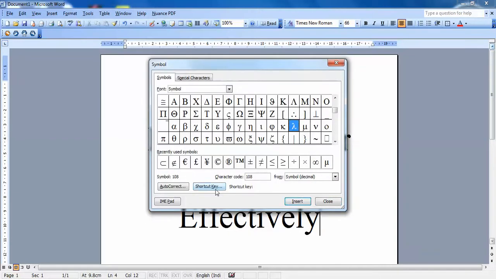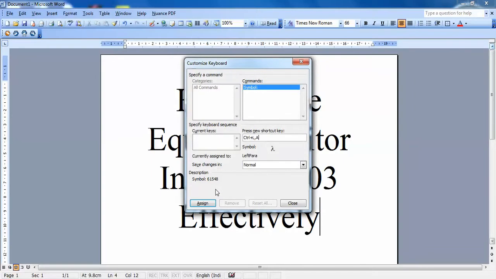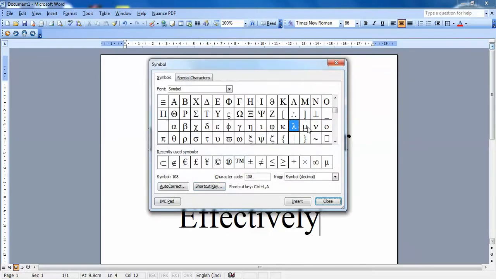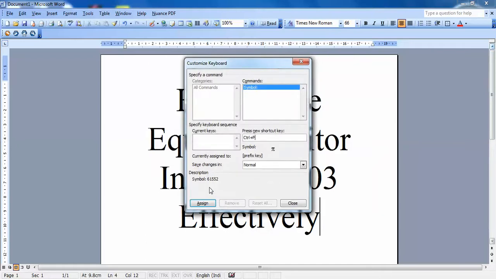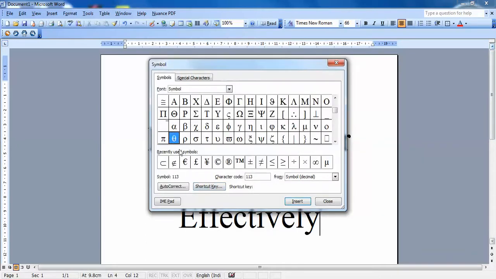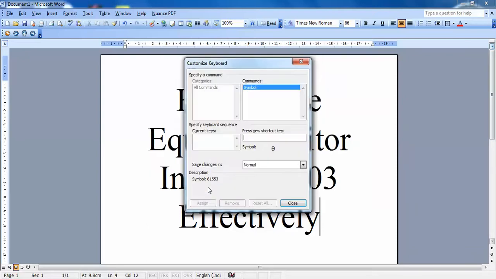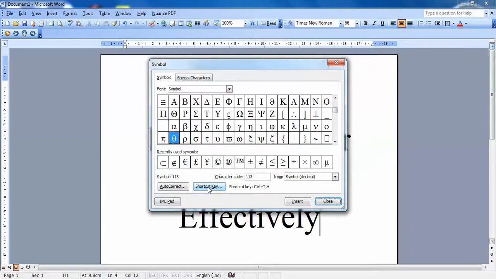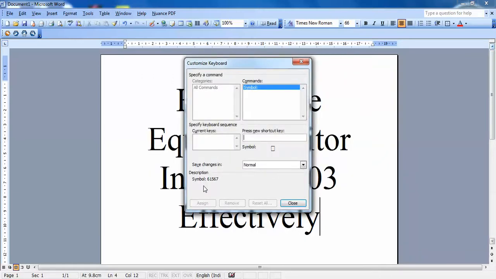We have lambda, Ctrl LA. Then mu and v we don't need in mathematics that much. Pi we definitely need, so Ctrl PI. Then we need theta, so Ctrl PH. And then we shall need a quadrilateral as well, so Ctrl QU.